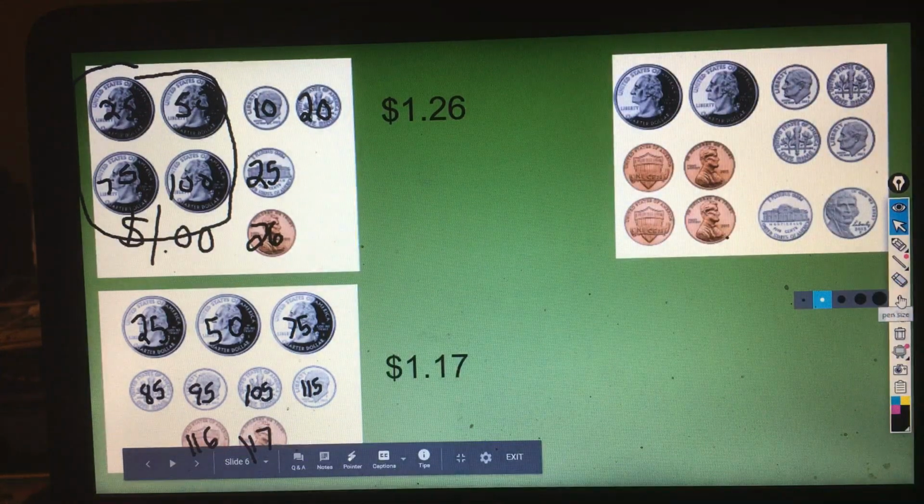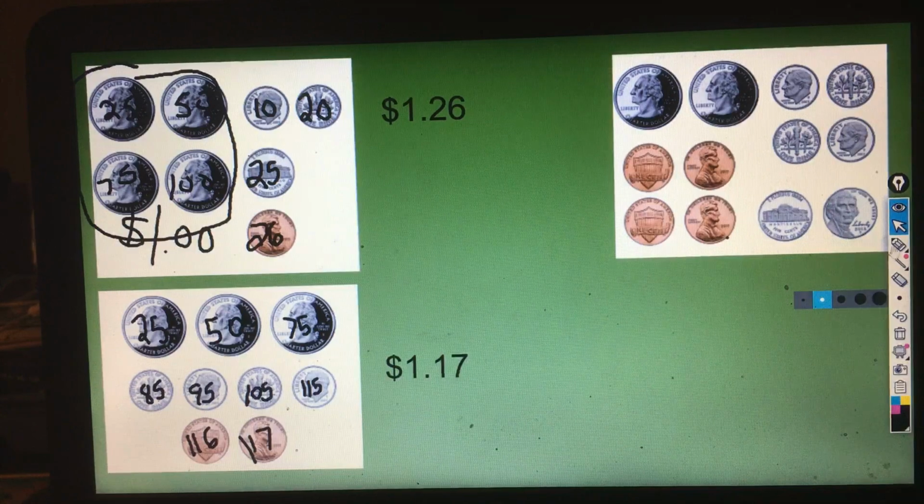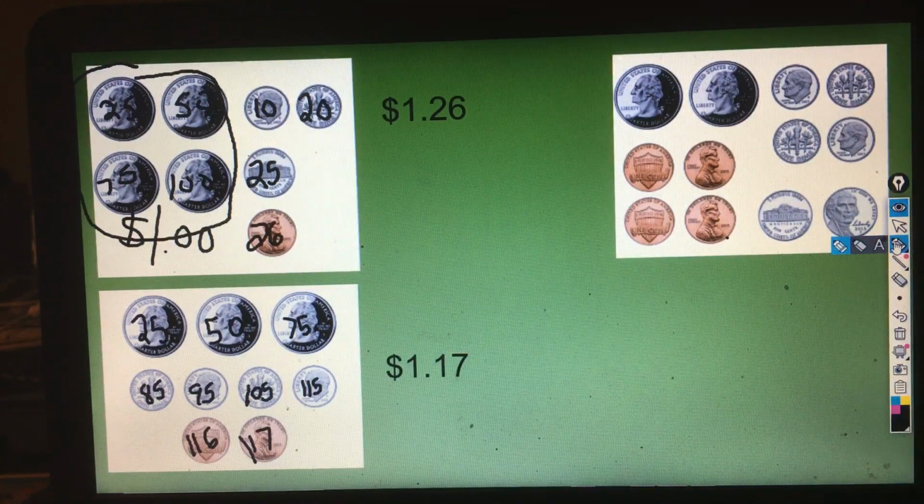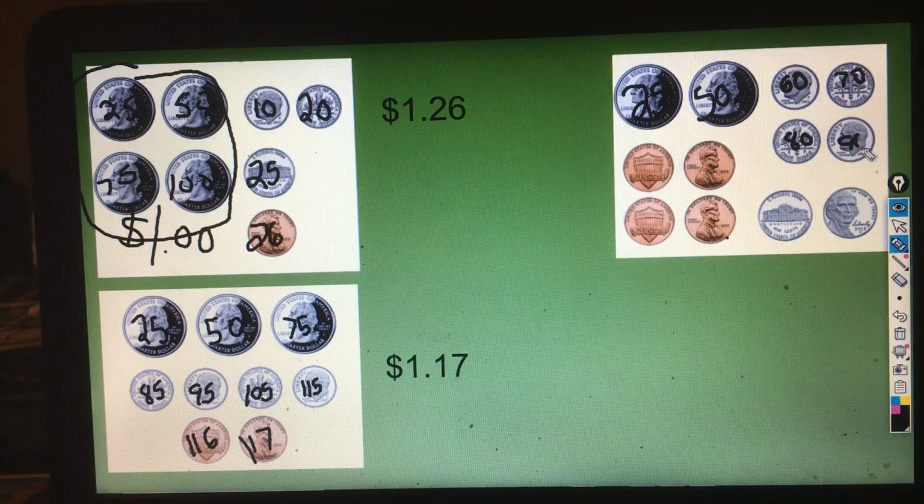So here is our last set over here, and we are going to count this one up just like we have been doing. So we have 2 quarters, so not enough to make $1. So we're going to count them just like we would by 25s. 25 and 50. So now we're at 50, and we're going to skip over here to the dimes. So now we're counting by tens. So 50 plus 10 would be 60, then 70, then 80, and then 90.